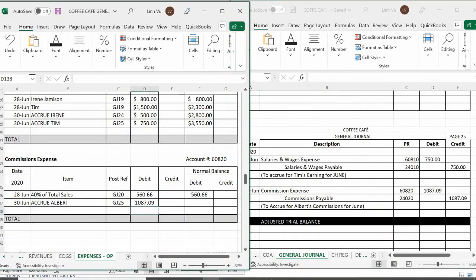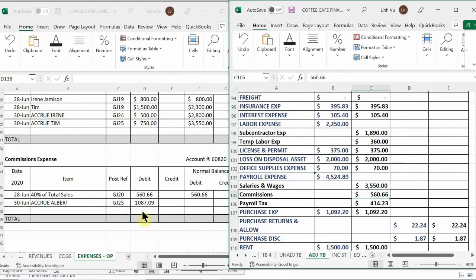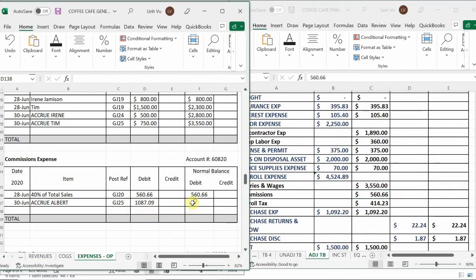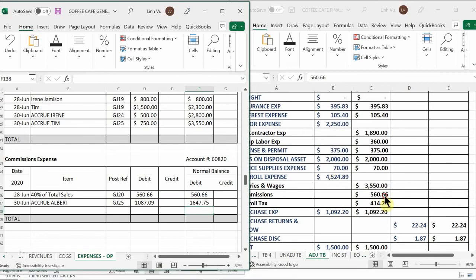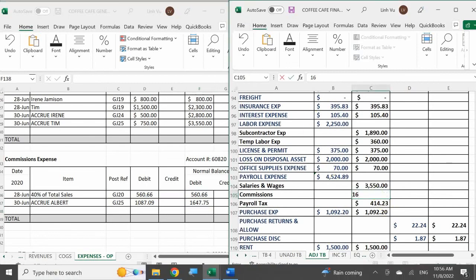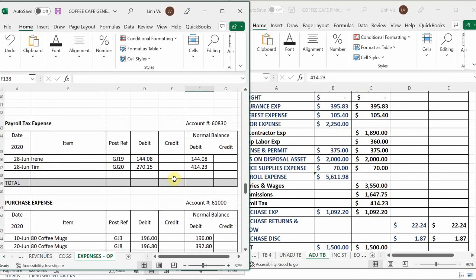Okay. 1,087.09, which is going to give me a grand total of 1647.75. Okay. We haven't incurred any payroll taxes because we're not paying our employees yet.